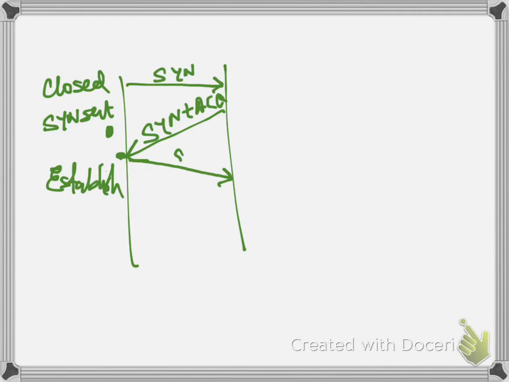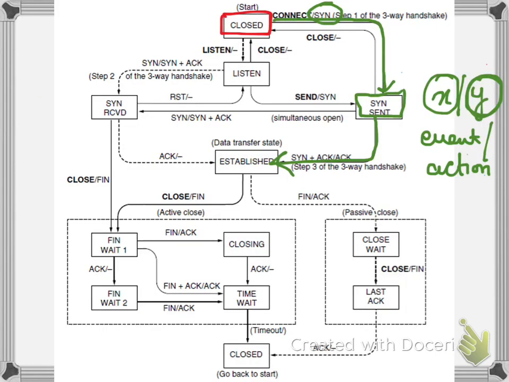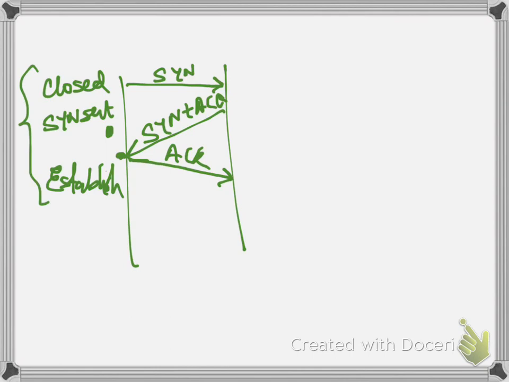It sends back, sorry, not the sync, it sends the acknowledgement. So you can see it receives sync plus ack and sends the acknowledgement. Now it is in the established state, and data transfer can take place. I'm only talking about the client side, so I'm only looking at this now.